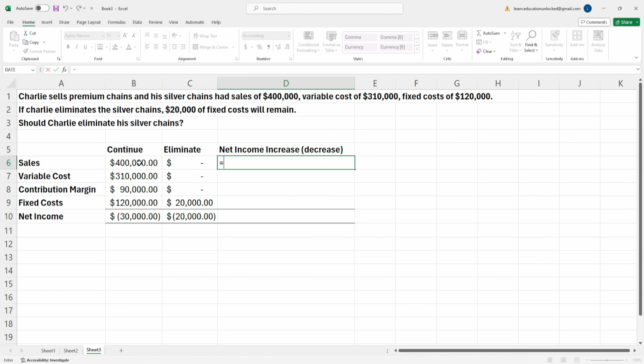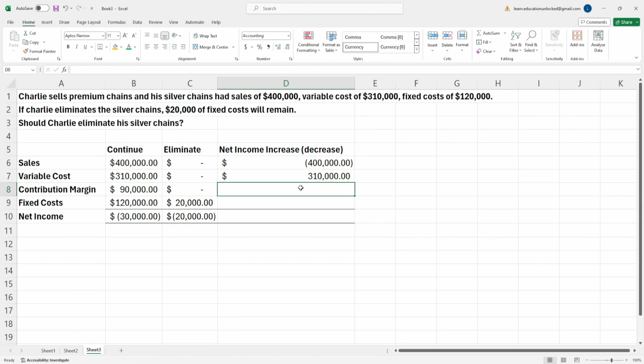So if we decide to eliminate it, we are losing 400,000. So that's why I put a negative here, because this is the money we could have gained if we continued it. We save 310,000 because we eliminate it. We lose, so 400 minus 310. Oh, sorry, it should be a plus. We lose 90,000 of contribution margin.